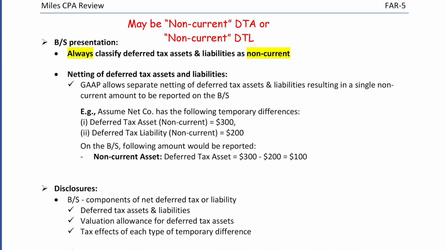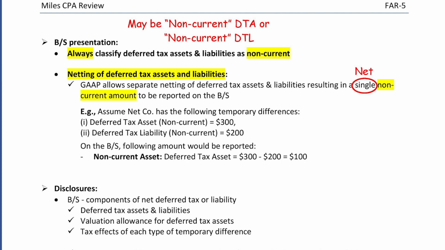Another point that you want to remember here is regarding netting of deferred tax assets and liabilities. So GAAP allows separate netting of deferred tax assets and liabilities, which results in a single net non-current amount which is reported on the balance sheet.